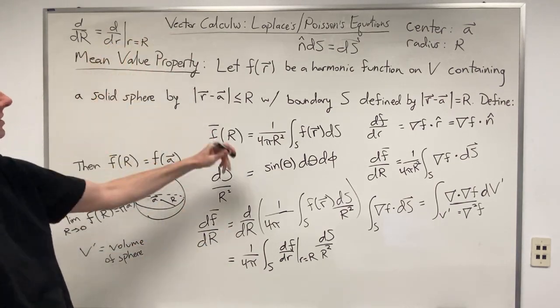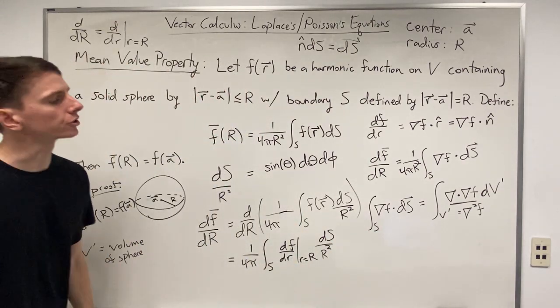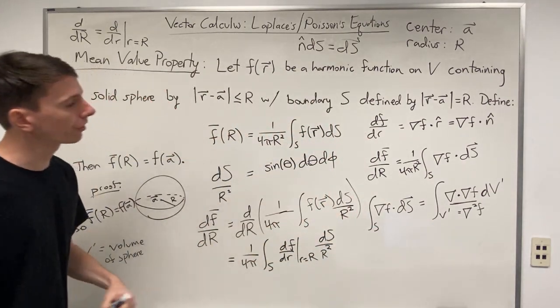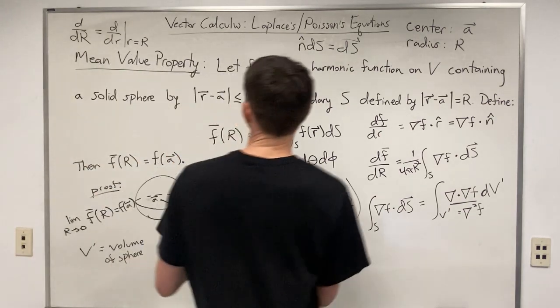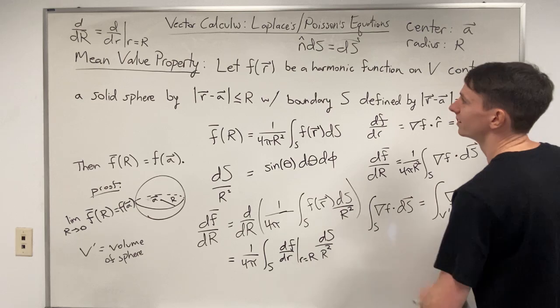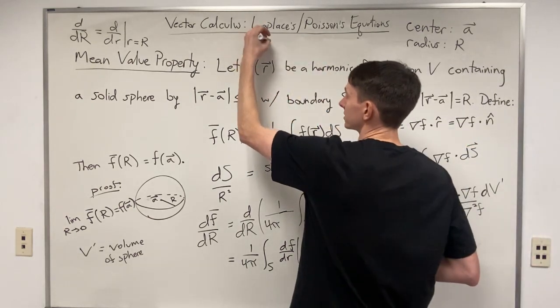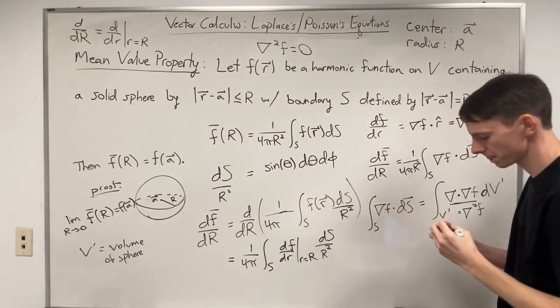Remember at the very beginning, we said let f of r be a harmonic function on some volume. So this is a harmonic function, and by definition, any harmonic function satisfies Laplace's equation. So I'm writing a bunch of things, but we don't need this anymore. Because f is harmonic, that tells us that the Laplacian of f is 0.